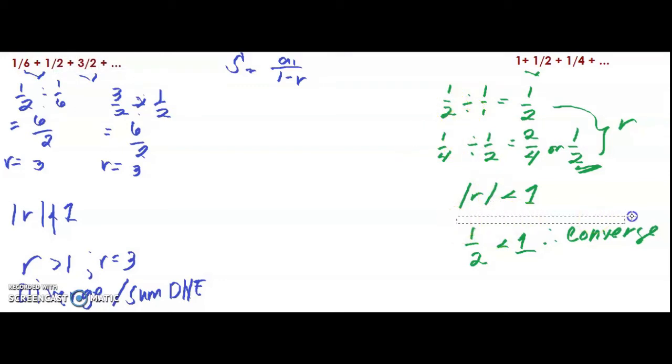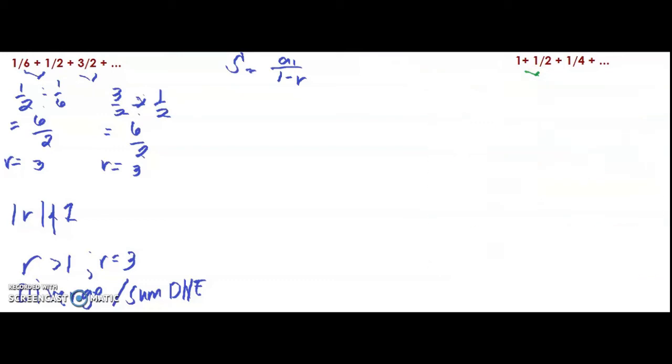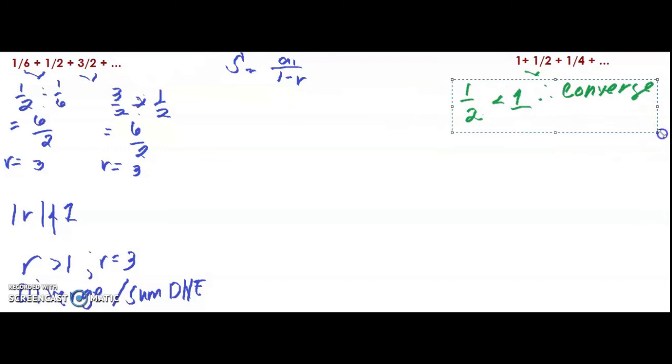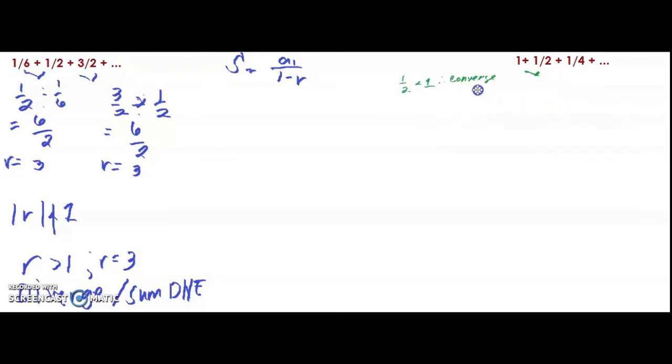So, next, we have to calculate for the sum. Let's delete this so we have space. Teacher is angry already. Okay. So, we have 1/2 as its ratio. Let's calculate now the sum of the geometric pattern.